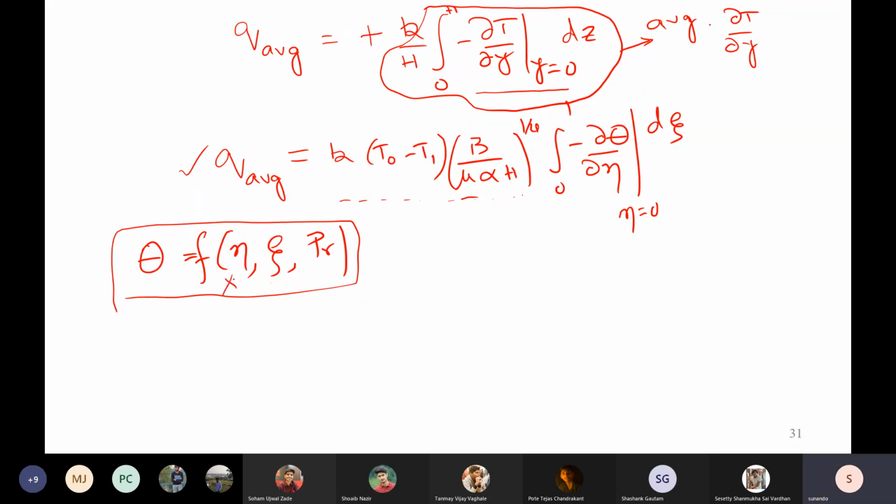Is it going to be a function of zeta? That's the next question. It's a definite integral between two specific values, 0 and 1. Definite integral over zeta. So is it going to be a function of zeta?